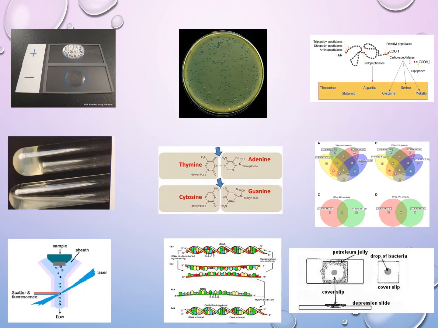All right, lastly, here are some images for us to take a look at. We're going to start on the top left, and you can see these little fuzzy bubbles, and this is the catalase test. Remember, it uses hydrogen peroxide, and if there is an effervescence, that means it's positive. If not, negative. Okay, moving down, we have the coagulase test.